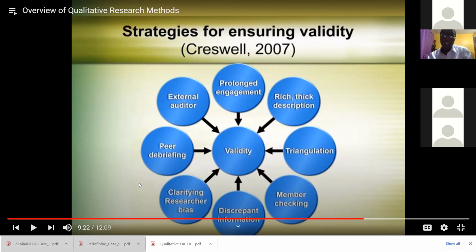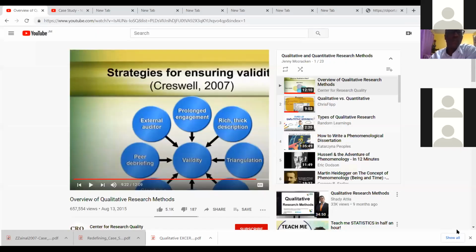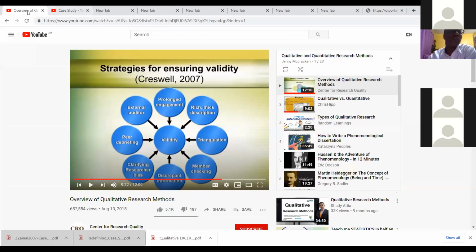If somebody were to take it, can they follow what you said you did for this process? That's important, especially for qualitative research. Donors and funders will accept quantitative research, but you have to work a little harder for them to accept what you've come up with in qualitative research, which is why these strategies to ensure validity are important, right?